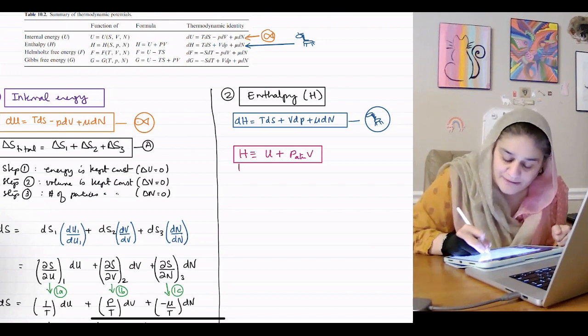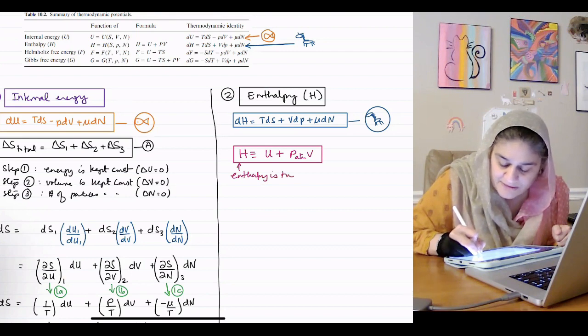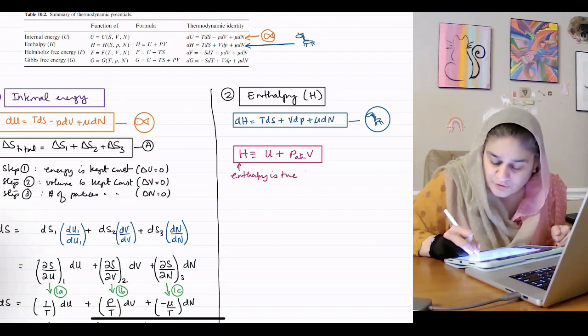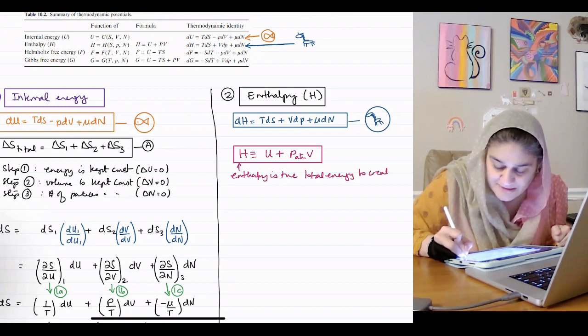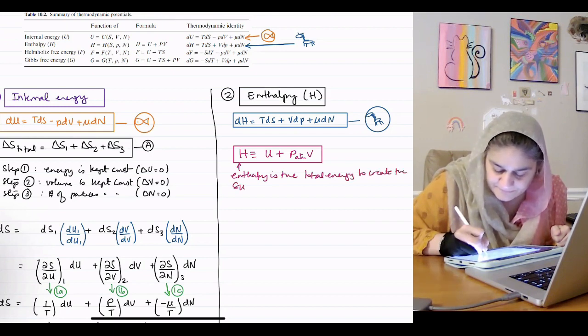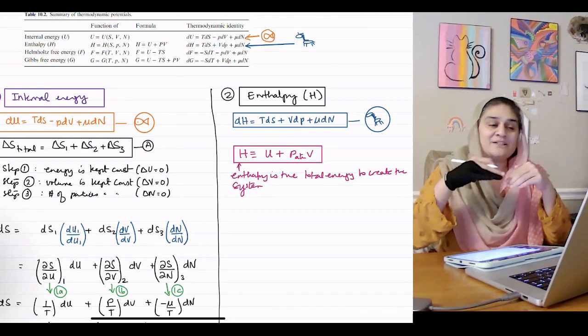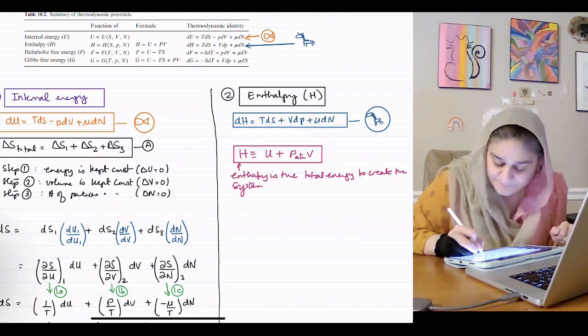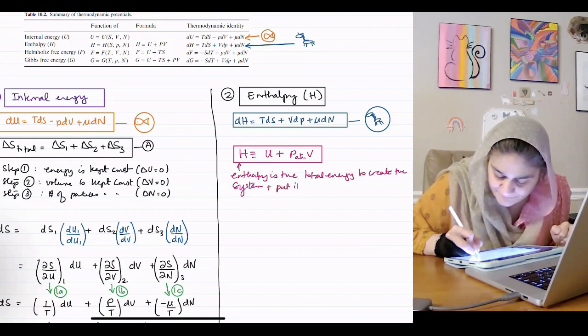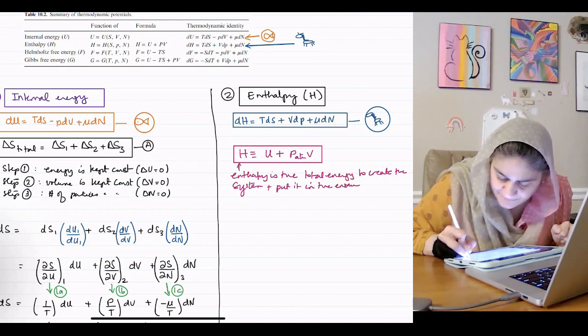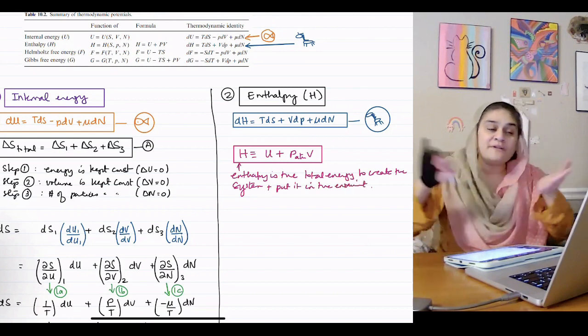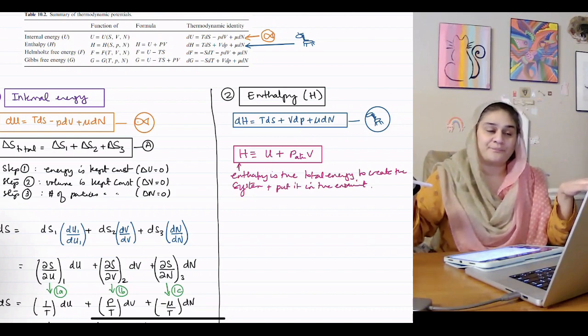In other words, enthalpy is the total energy to create the system out of thin air plus put it in the environment, by moving the environment away.